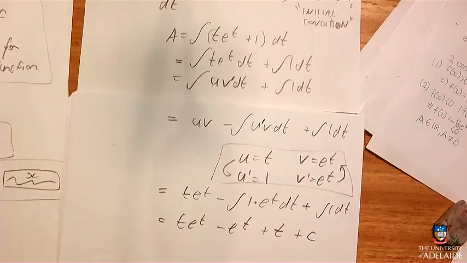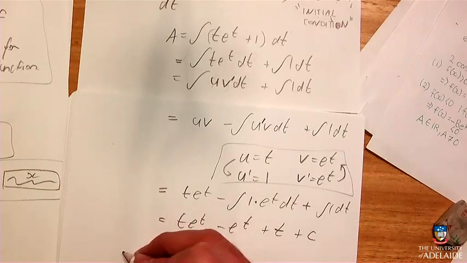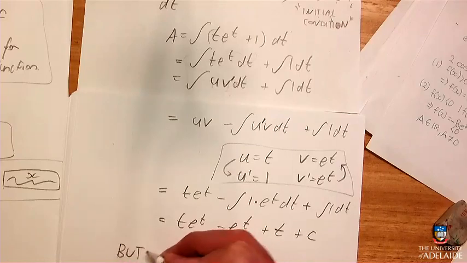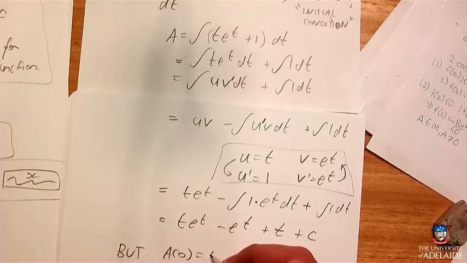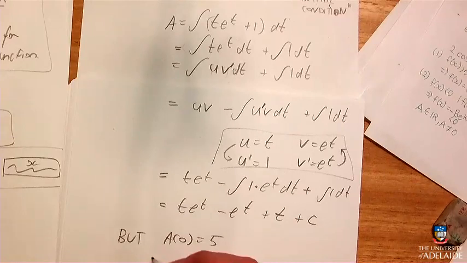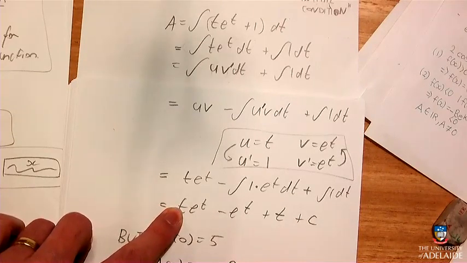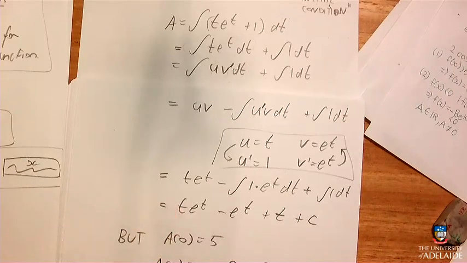So that's my formula for what A is. But I have one extra piece of information I haven't used yet. And so I will go, all right, but A of 0 is 5. And A of 0 is actually 0 e to the 0 minus e to the 0 plus 0 plus c. Uh-oh, sorry.